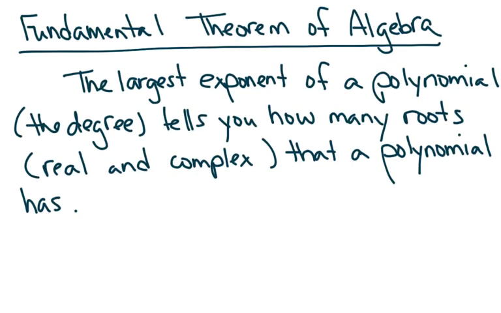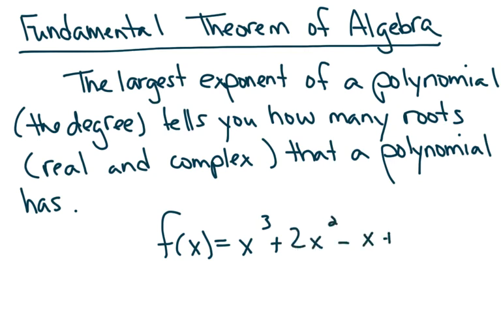The fundamental theorem of algebra says that the largest exponent of a polynomial, which was the degree of the polynomial, tells you how many roots, real and complex, that a polynomial has. For example, if I give you this polynomial, x cubed plus 2x squared minus x plus 3. Since the largest exponent is 3, there will be 3 roots or 3 solutions to this polynomial.